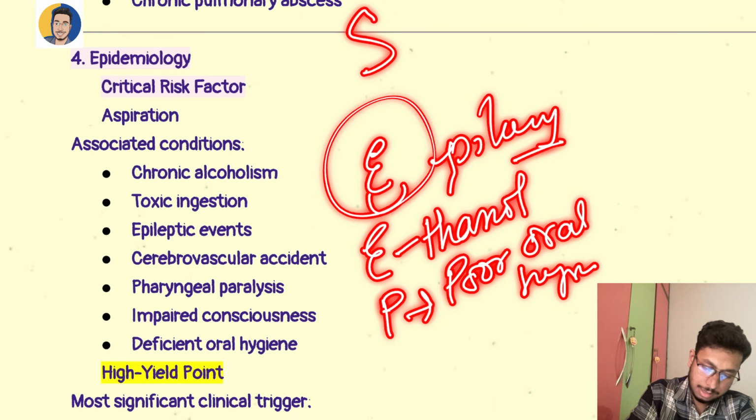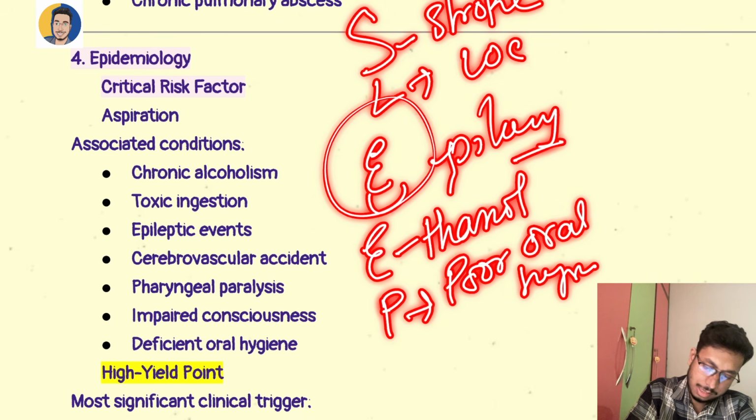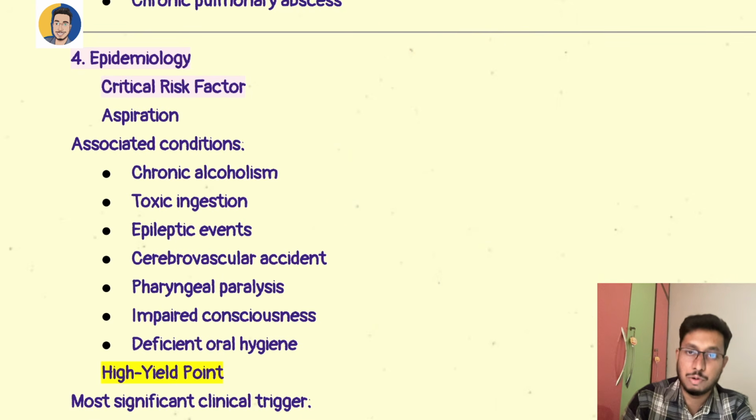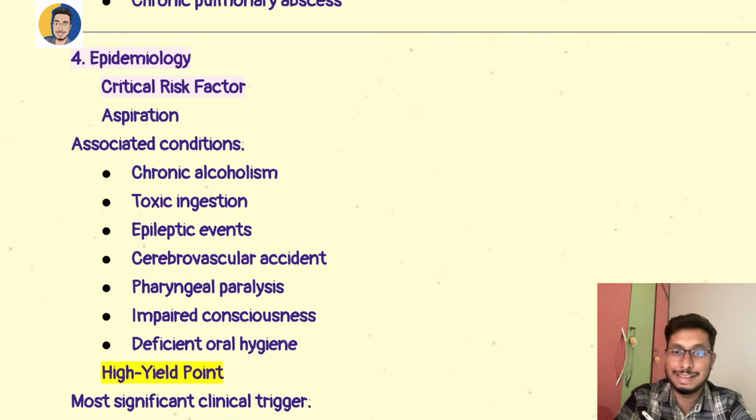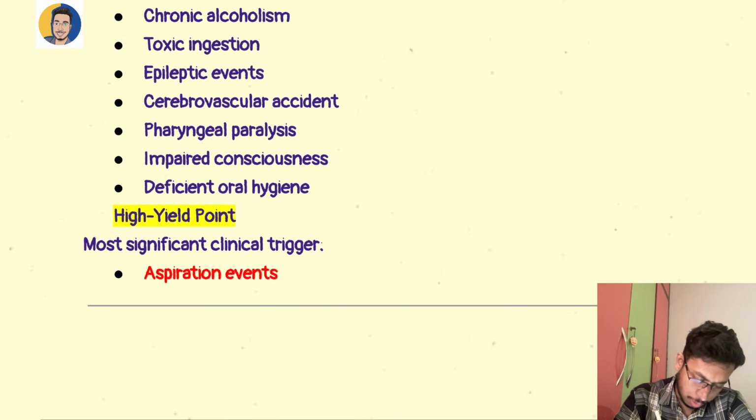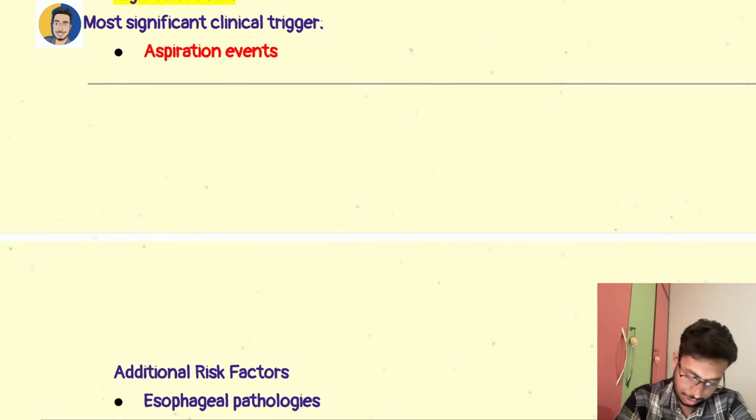Okay, so S is stroke, cerebrovascular accident, L for loss of consciousness, E is epilepsy, another E for ethanol, P for poor oral hygiene. So sleep is the mnemonic to remember the causes of aspiration in case of lung abscess. Okay. So high yield point, the most significant clinical trigger is the aspiration event.